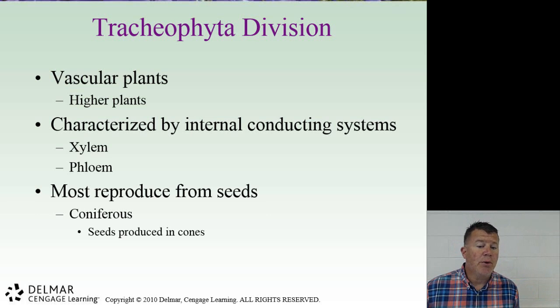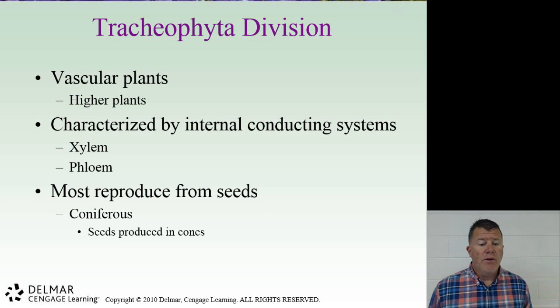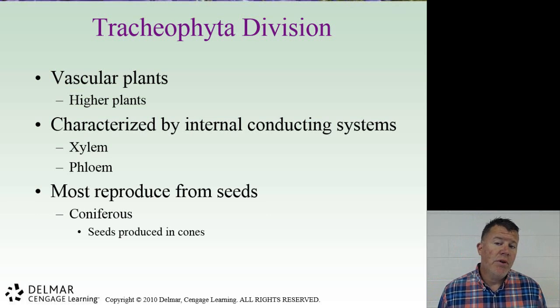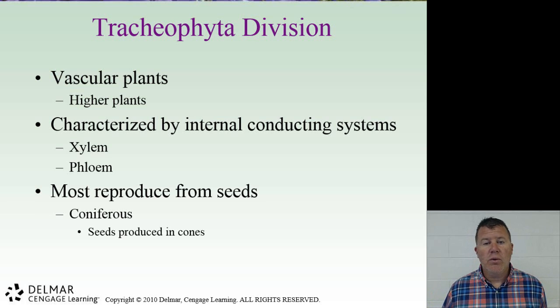Most of these plants reproduce from seeds. There's your conifers or your conifer trees, like your pine trees. Any of the trees with needles, they're going to have these pine cones or cones that the seeds are produced in.